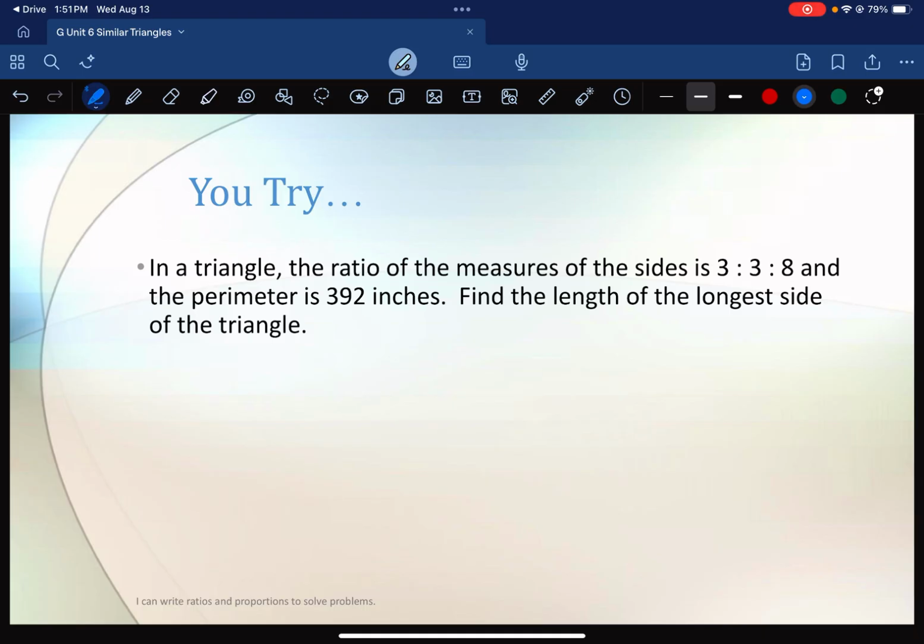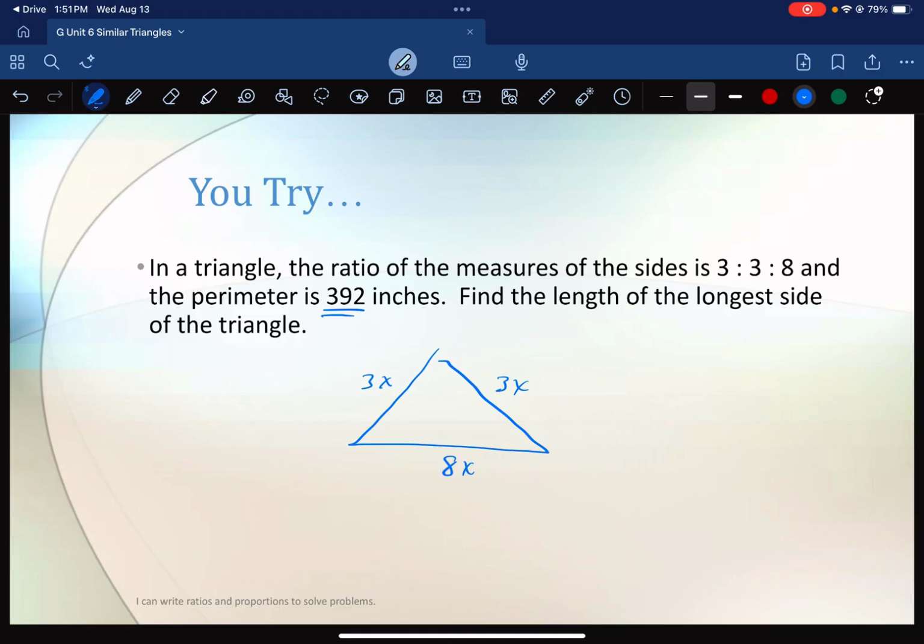Well, this time it gives us the ratio of the measures of the sides is 3 to 3 to 8. And then it has to tell us the perimeter. It doesn't have to tell us the sum of the angles like in the previous example because we know it's already 180. But when they're doing the sides, they're going to have to give you the perimeter in some way, okay? So in this case, I'm going to take my triangle, and I'm going to call this side 3x, and this side 3x, and this side 8x.